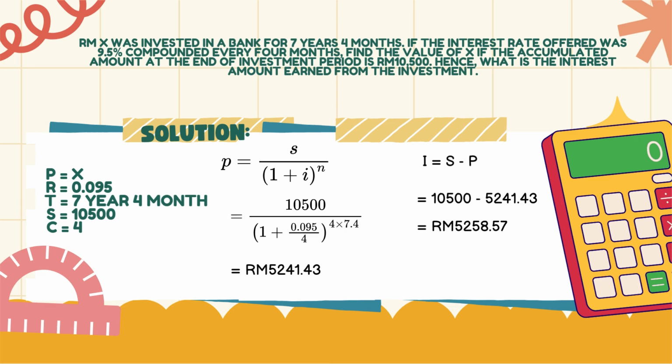So the question wants us to find the value of X, which is P, and the question also gives us the accumulated amount, which is S, RM 10,500.